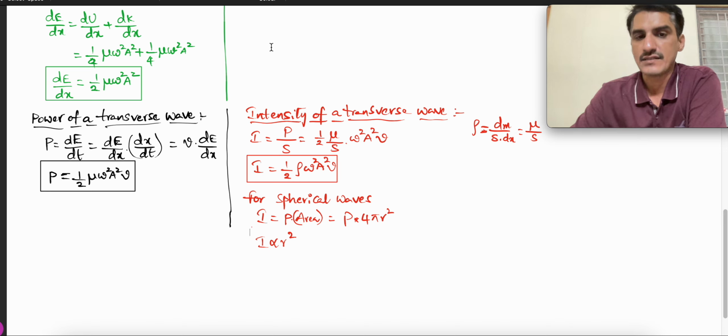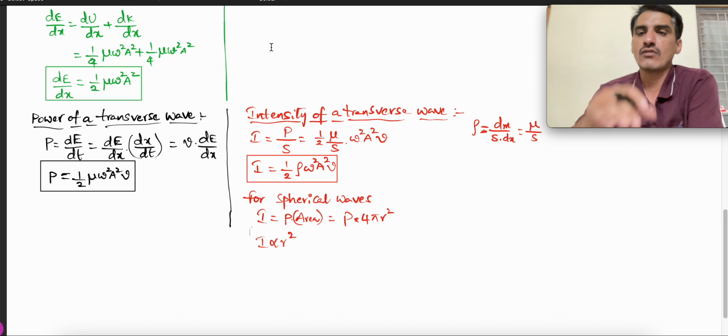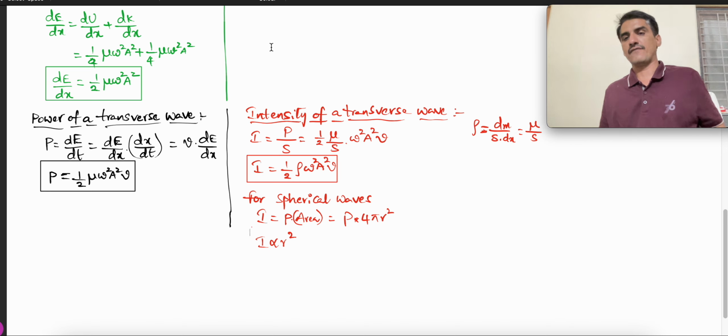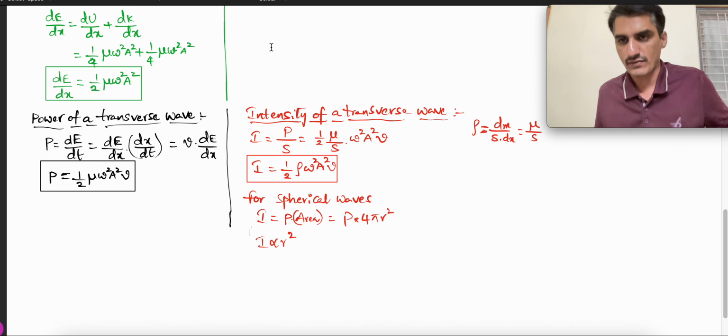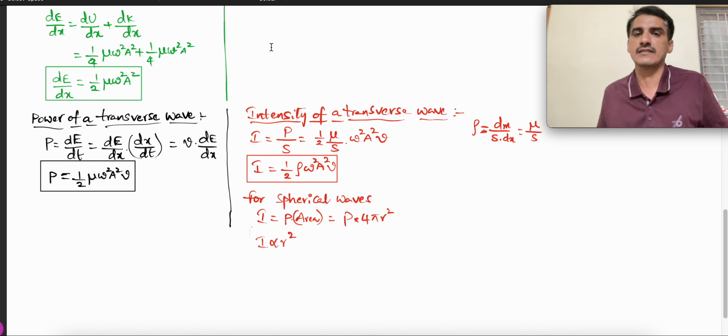This is about energy density of a transverse wave as well as power and intensity. Now in the next class we will discuss how to solve problems based on these.